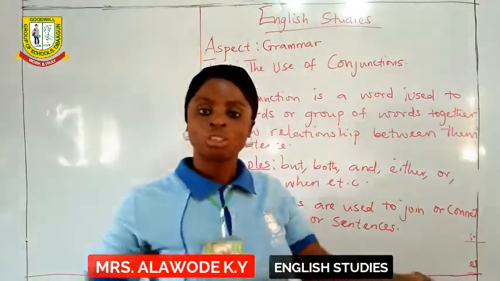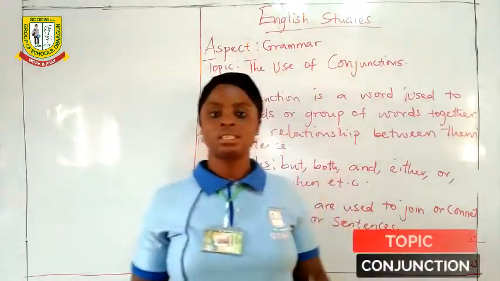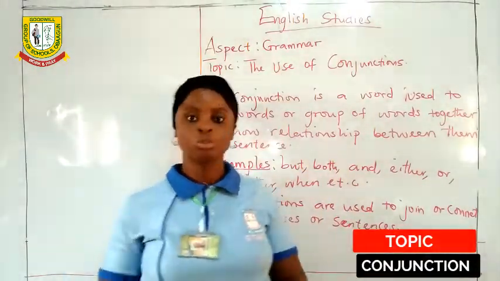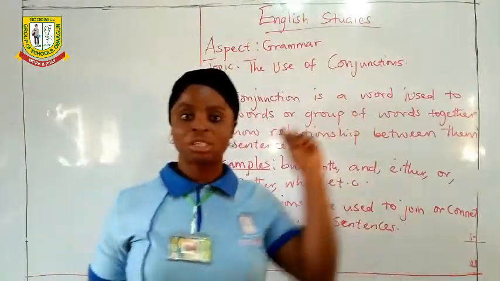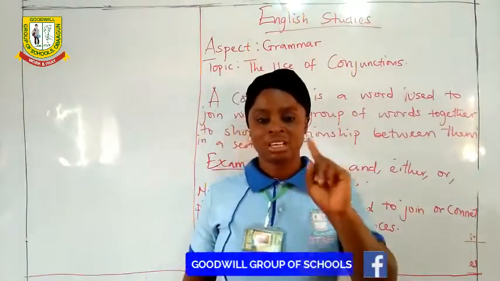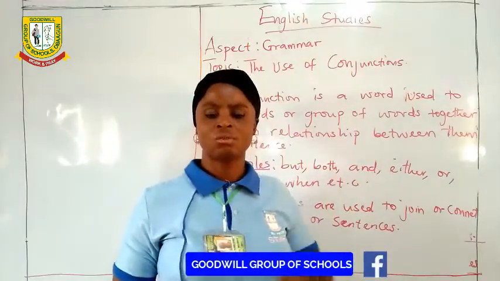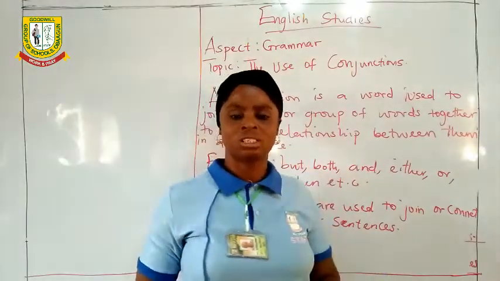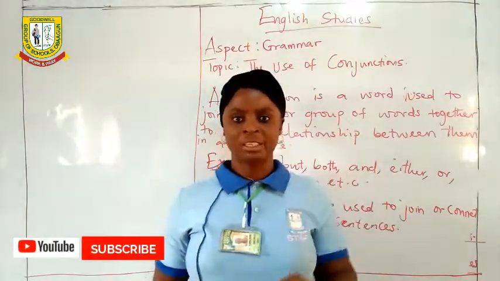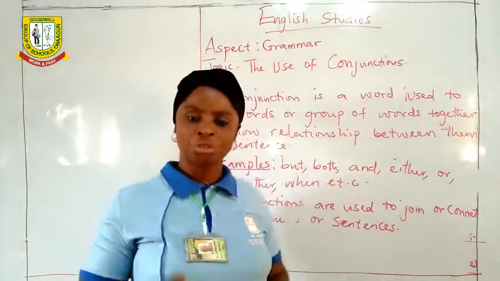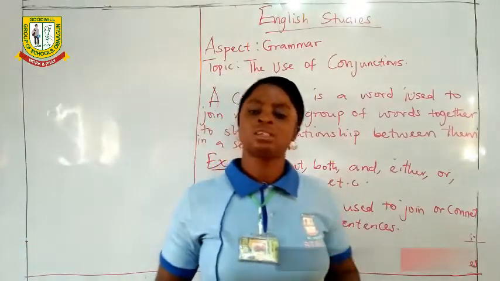So I want us to consider some sentences for us to be able to get the usage of these conjunctions that I'm talking about. Like the first sentence from the examples: Emmanuel and Jude won the Nobel Prize.